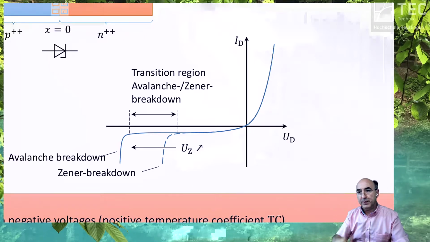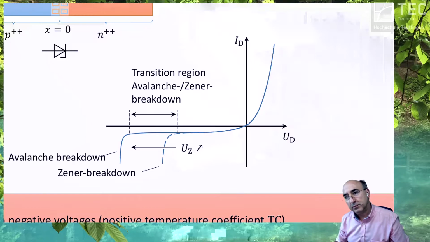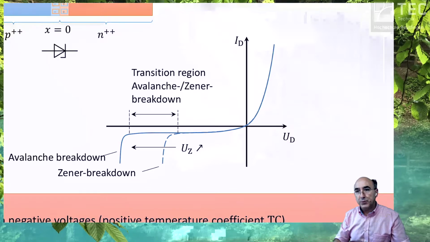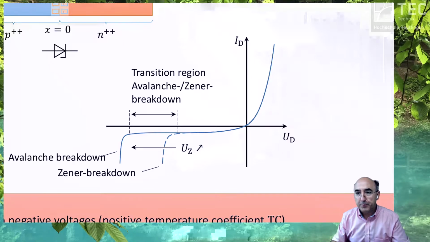That's the first effect: decreased current with increased temperature, or vice versa, increased voltage for breakdown. You need more electric field to hit the moving target.